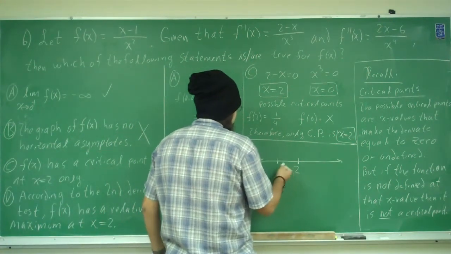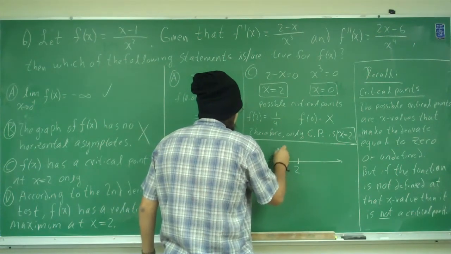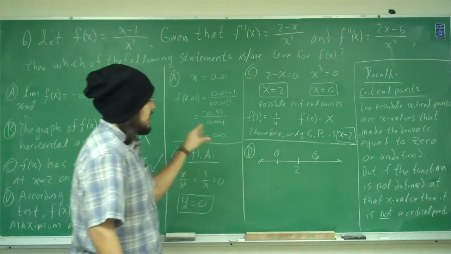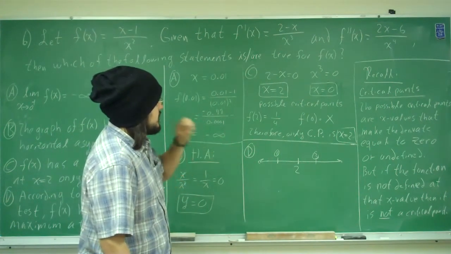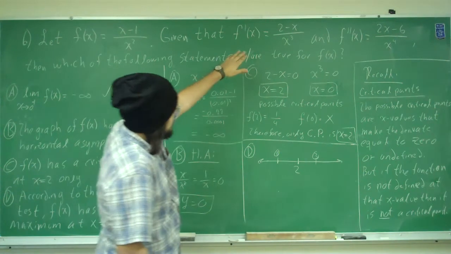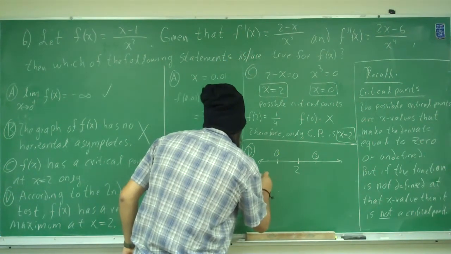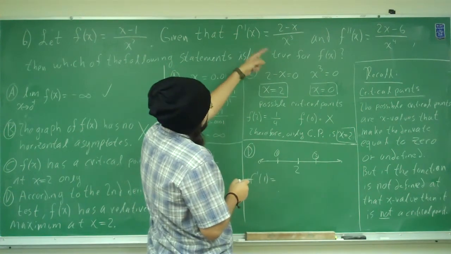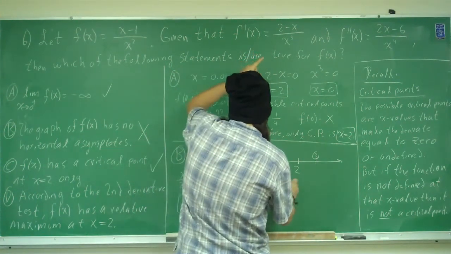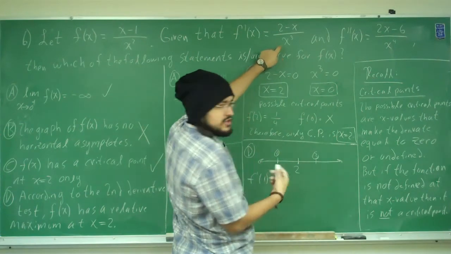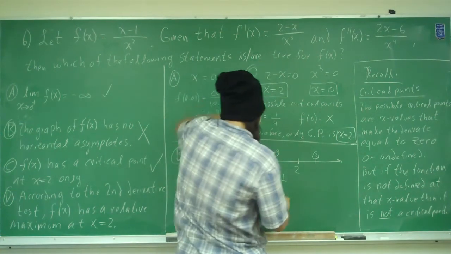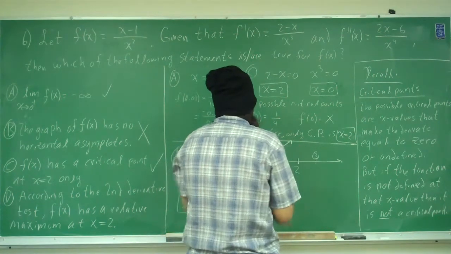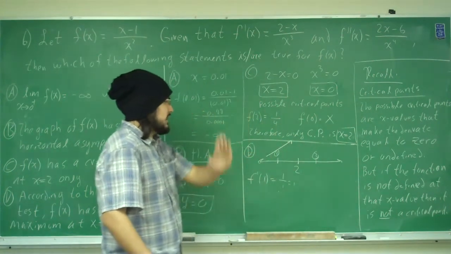Let's say I grab a test point of 1 and a test point of 3. I plug them into the first derivative. So f prime of 1 is 2 minus 1, that's 1, divided by 1 cubed, that's 1. We're just looking for signs here, so it's positive. So this is increasing from negative infinity to 2.